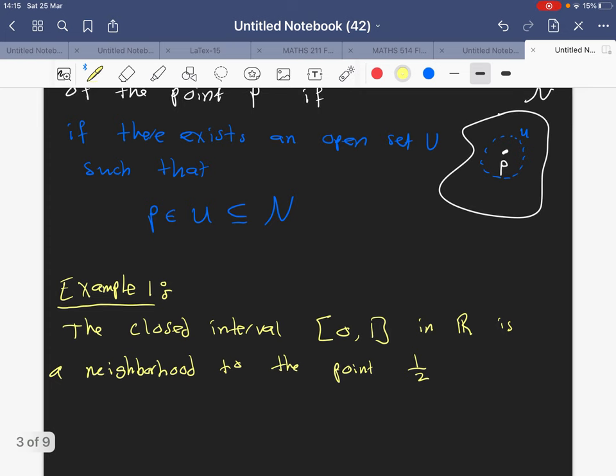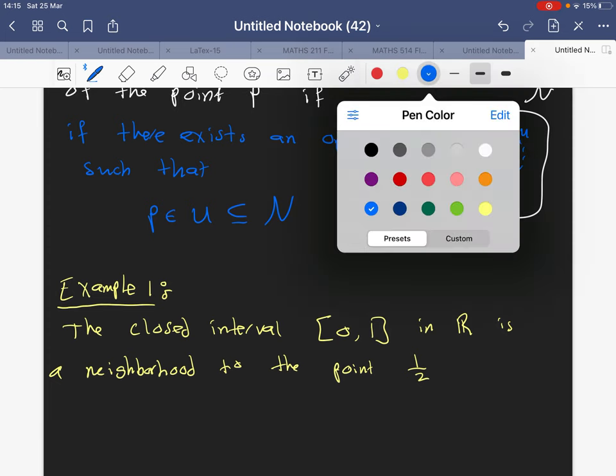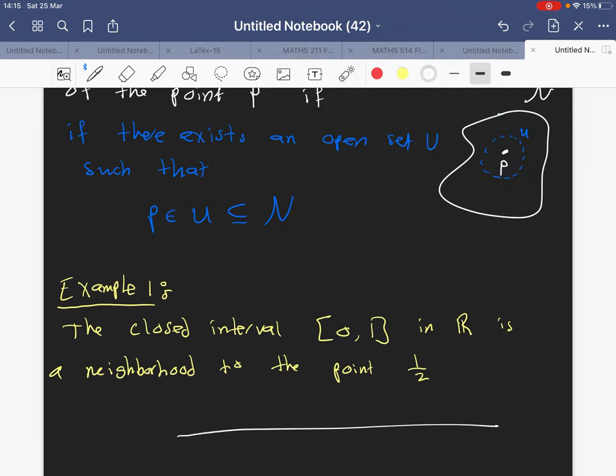And why is this true? Because if we draw the number line up to here, this is 0 to 1, and this is my point half in the middle. Now the question, can we find an open set U that contains half and lives inside the interval 0, 1? I think that's easy.